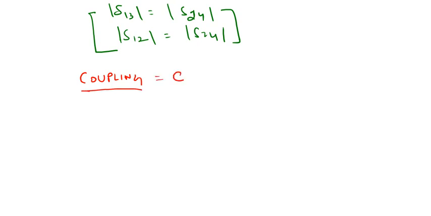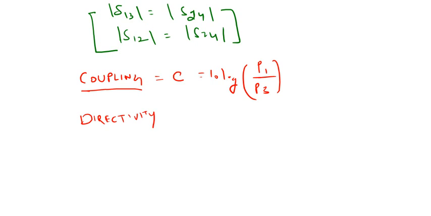It is represented by C, and it is 10 log P1 divided by P3. Then we have directivity, denoted by D, which equals 10 log P3 divided by P4. We will do some numericals.